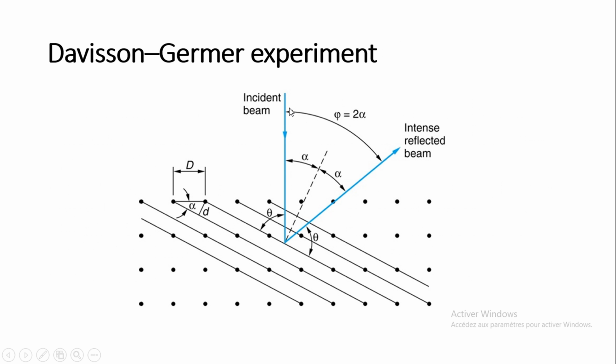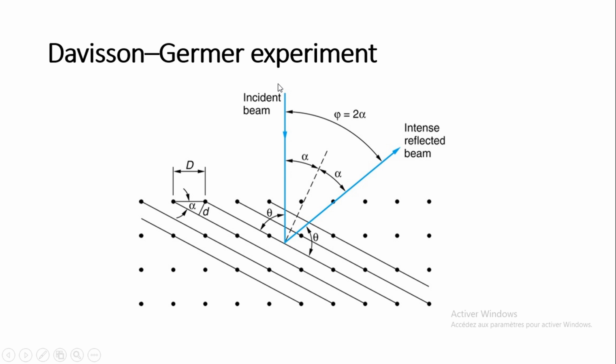So in this experiment, we took a crystal. So here is a crystal which is made of atoms. Each dot here is an atom. There is 1, 2, 3, 4, etc. So instead of taking just 2 slits, we have here a lot of them.